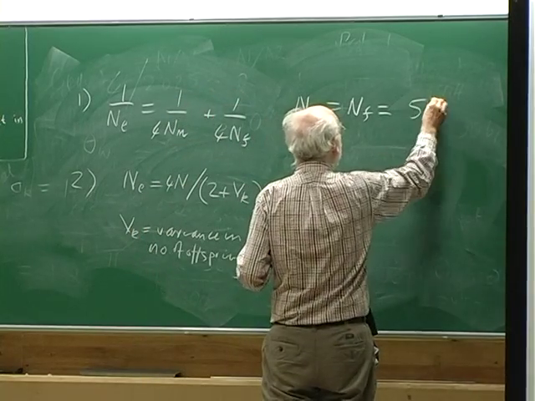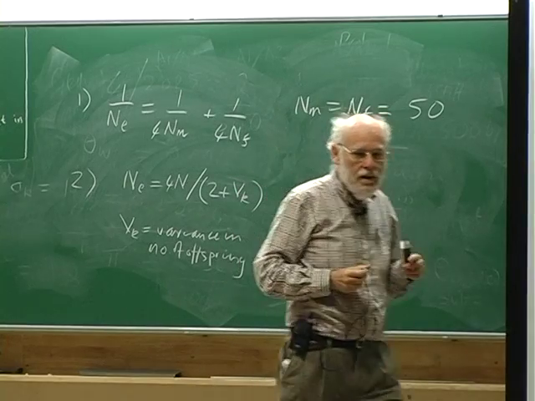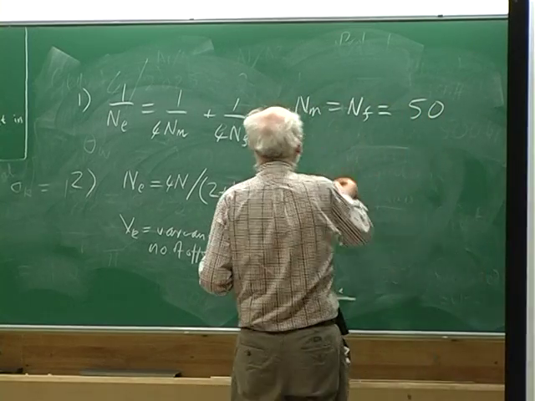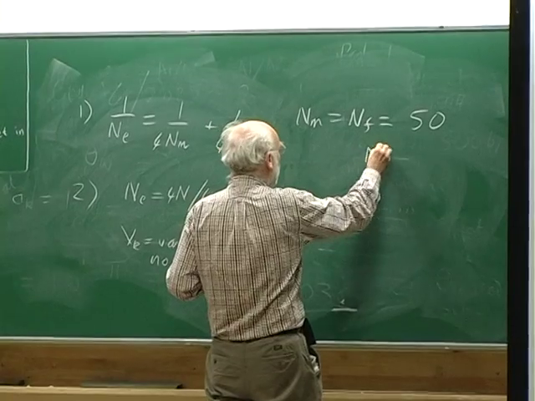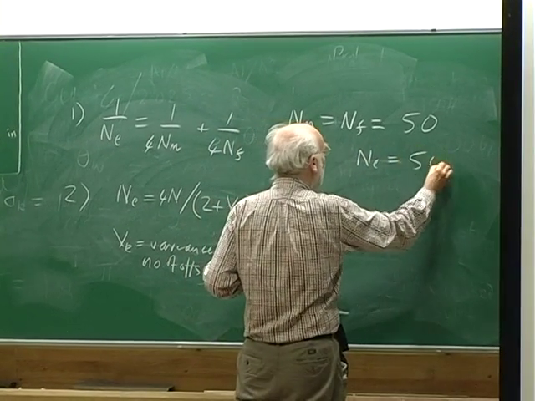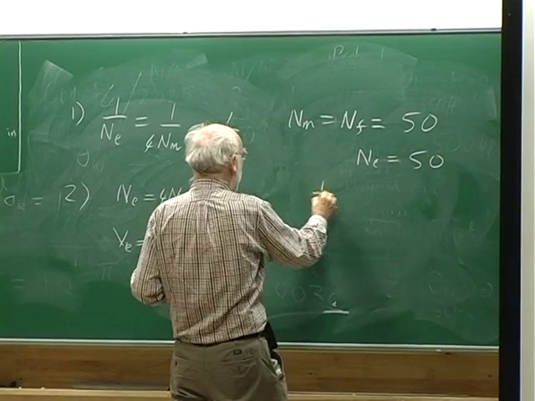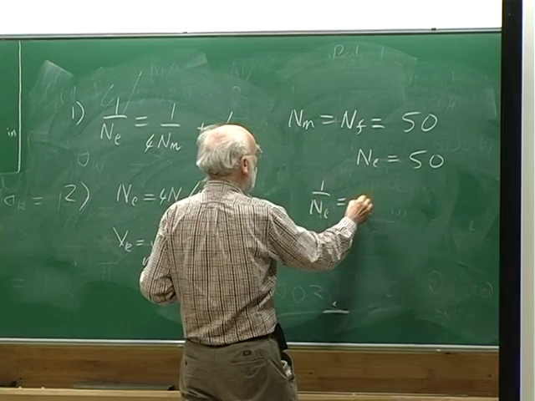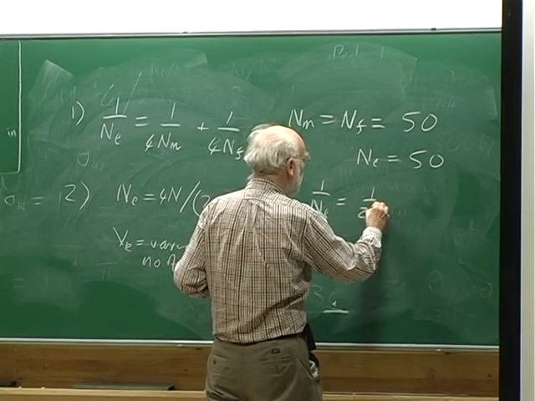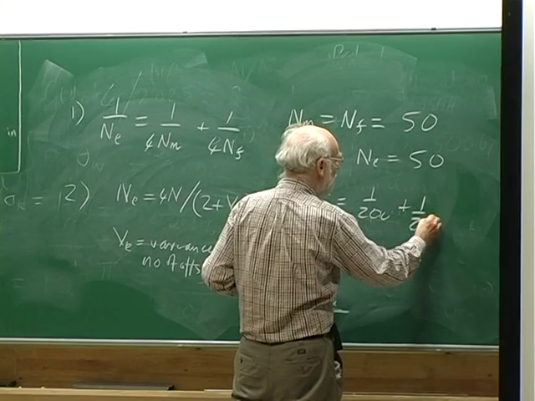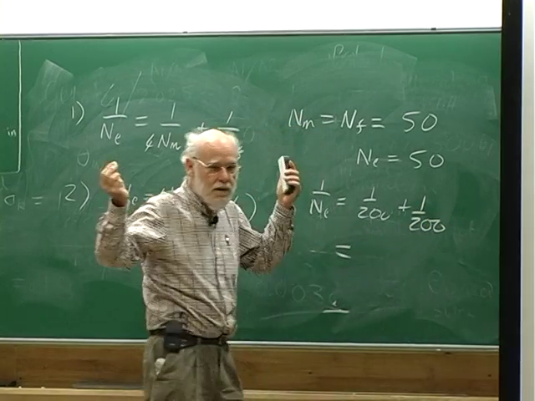So what's the effective population size in this case? 50, right. So it's pretty obvious it's 50, but we can just go through it. 1 over NE equals 1 over 200 plus 1 over 200 equals what?